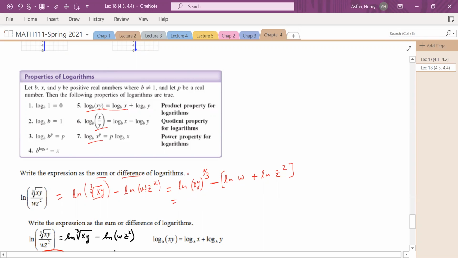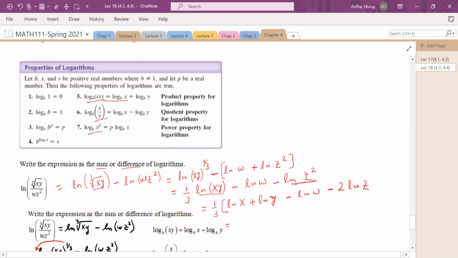And for this one, using the power property, I will bring the 1/3 to the front, and we have ln xy minus, now distribute this one, ln w minus ln z square. Now again, I will use the power property here: 1/3 ln x plus ln y minus ln w minus, again using the power property, we bring the 2 here, and we have ln z.